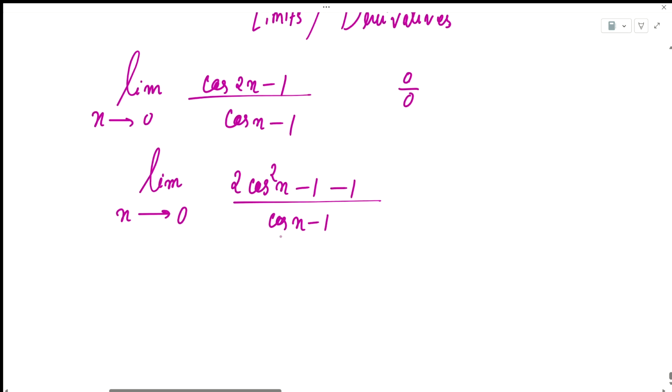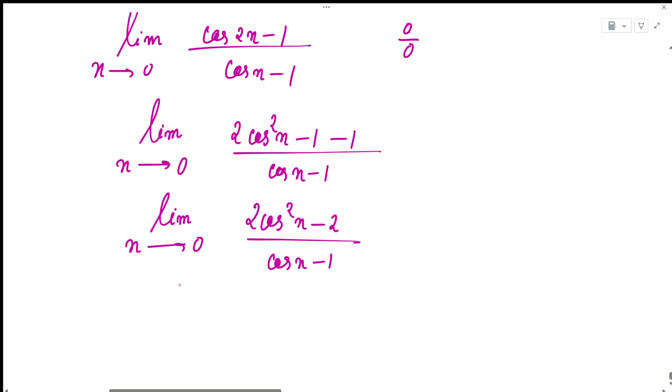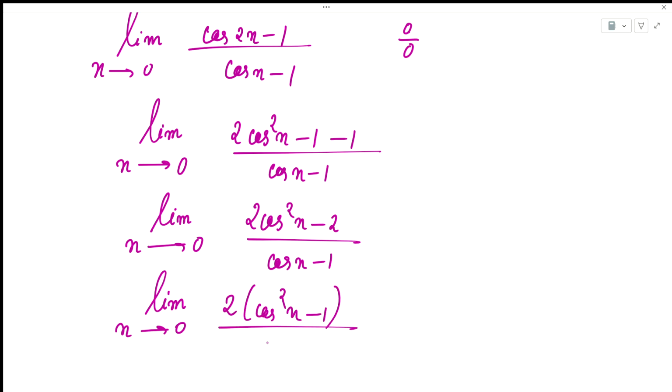Now see, this can be written as limit x tends to 0, 2 cos square x minus 2 divided by cos x minus 1. Again, this can be written as limit x tends to 0. If you take 2 common, we will have cos square x minus 1 divided by cos x minus 1.